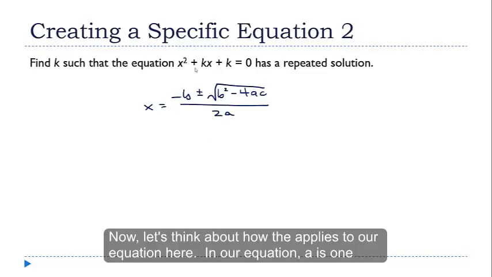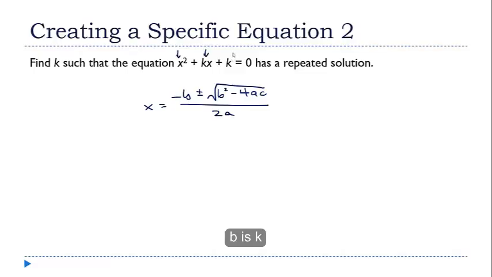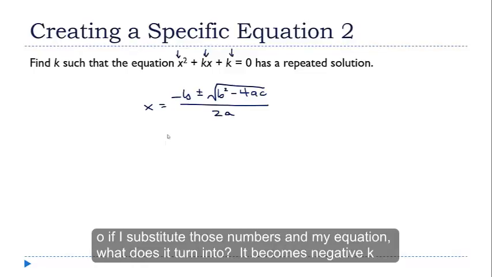Now let's think about how this applies to our equation here. With our equation, a is 1, b is k, and c is k. So if I substitute those numbers into my equation, what does it turn into?